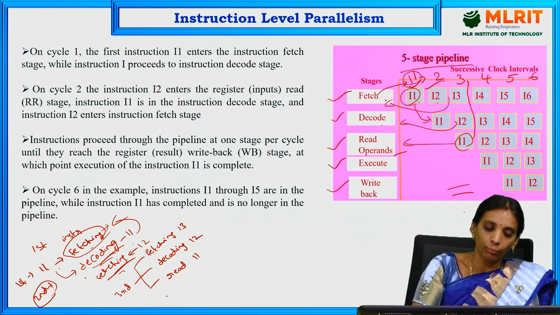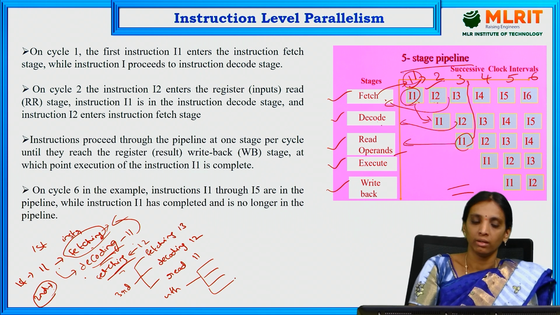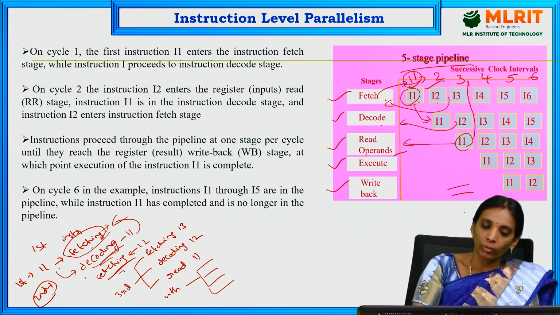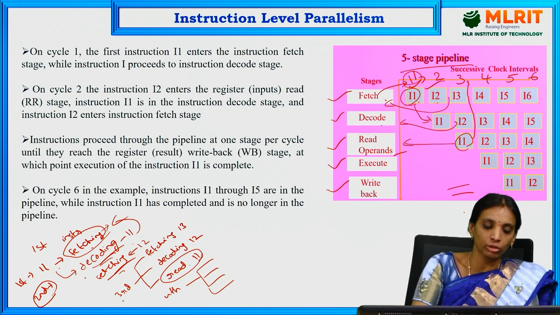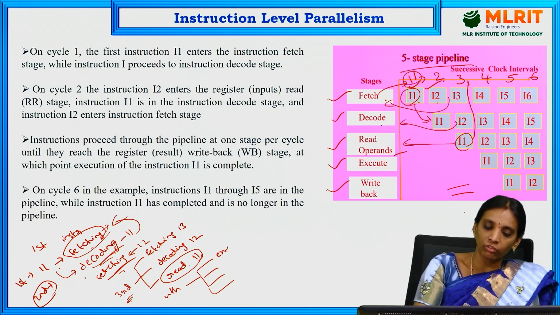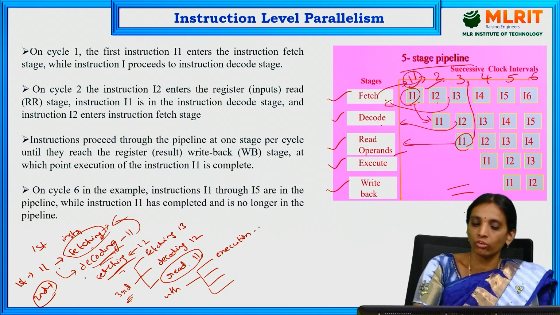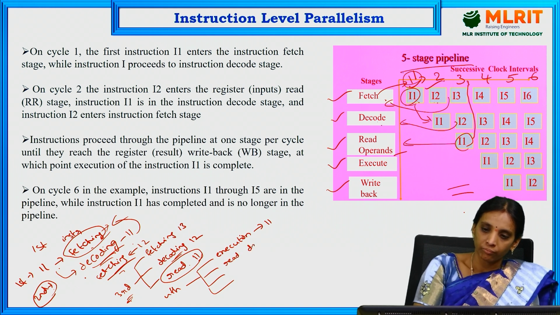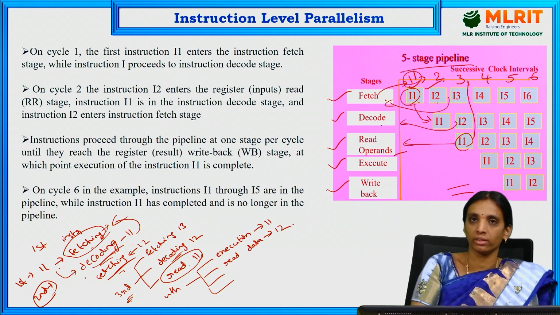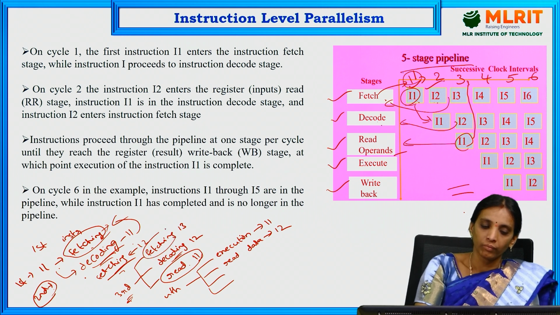Like that, in the fourth clock cycle, four operations are done simultaneously. The data read from memory for the 11th instruction in the third clock cycle now goes for execution. So execution is done for the 11th instruction, and the decoding of the 12th is completed, so it goes for reading the data. The fetching is completed for the 13th instruction, so it goes for the decoding operation.